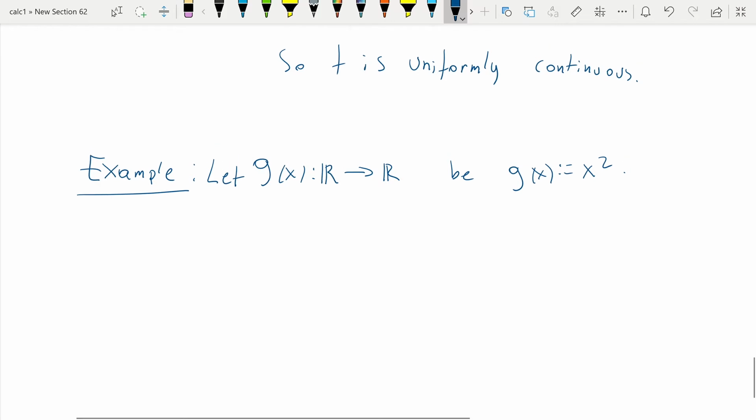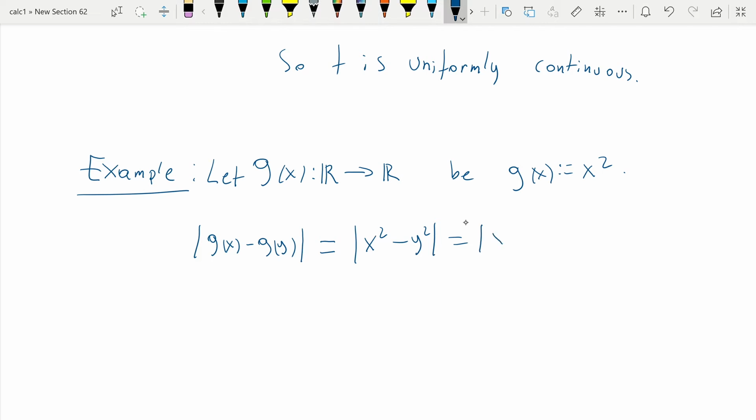Why is that? Because g of x minus g of y in absolute value is equal to x squared minus y squared in absolute value. This is the same as the absolute value of x plus y times the absolute value of x minus y.